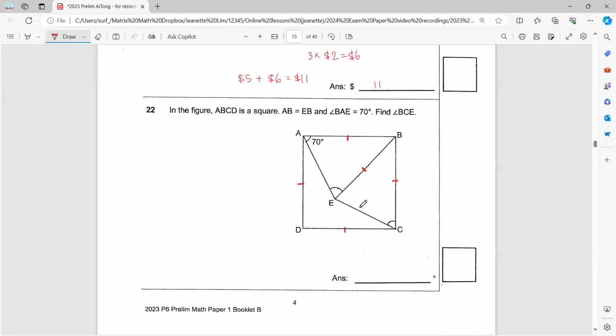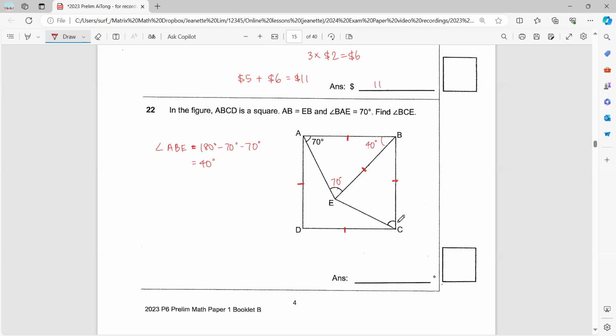Right, BCE is over here. What we want to do is to find, I know this is 70 degrees, what I want to do is to find this one first. So angle ABE. With the isosceles triangle, I can find it. So 180 minus 70 minus 70, which is 40 degrees.